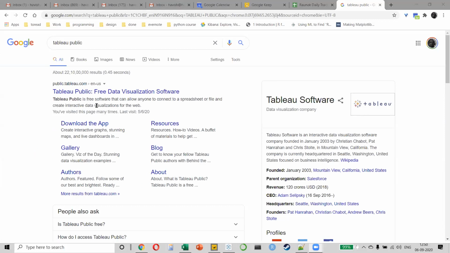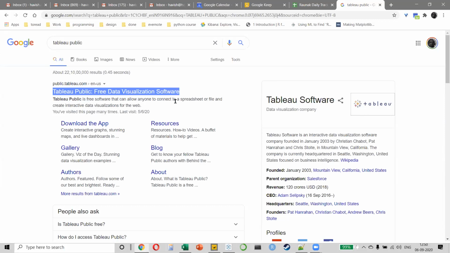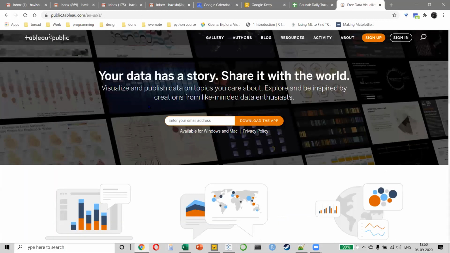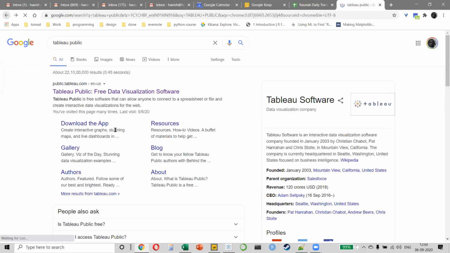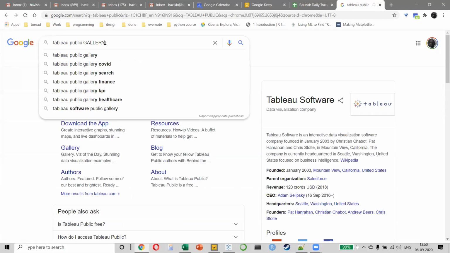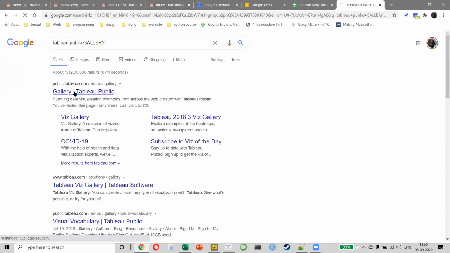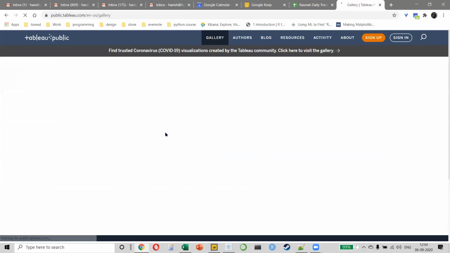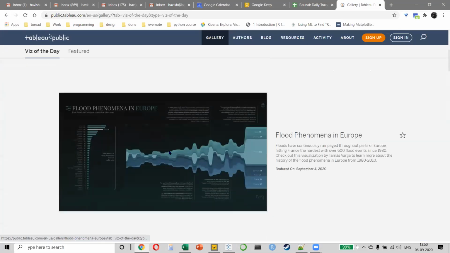The other option, everybody, that you have is Tableau Public. Now, I know it says it's free, but there are big limitations in Tableau Public. The biggest limitation is that with Tableau Public, your data will also become public. If I make a report, I cannot save it on my computer. I can only save it on the cloud, right? If you look at the Tableau Public gallery, you will notice that different people from around the world have created these reports.